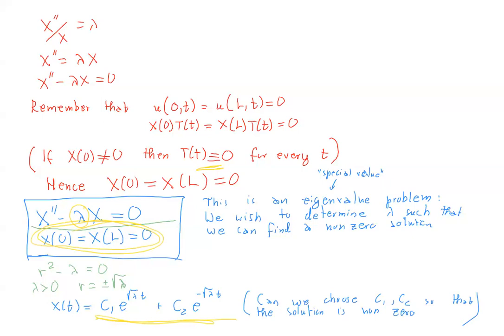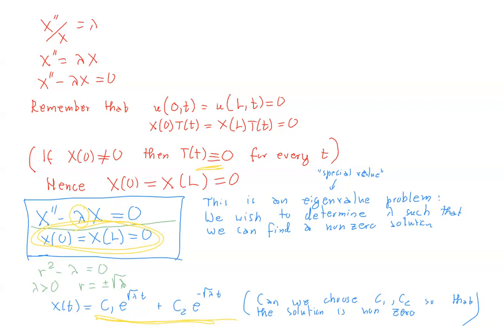The big deal is, can you find that solution that satisfies this extra condition that was given, so that C1 and C2, or at least one of the two, is non-zero? Can you do all these things at once? That's the hard part. And pretty much here, as you're going to see, the answer is no.